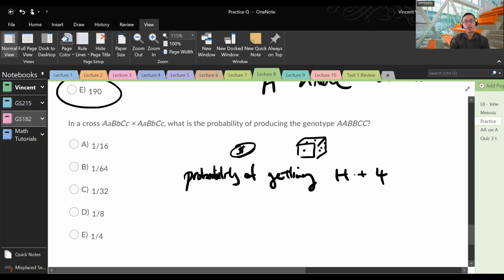So head and a 4, right? To do this, we have to find out the probability of getting a head. Probability of getting a head when you flip the coin is half. Head and 4. What's the probability of getting a 4 on the dice?